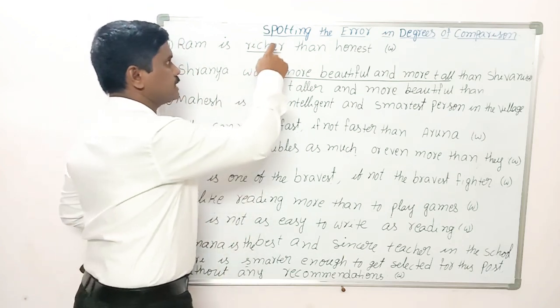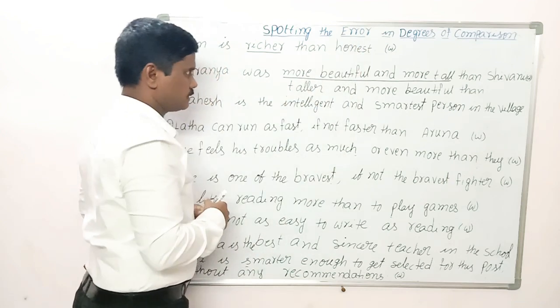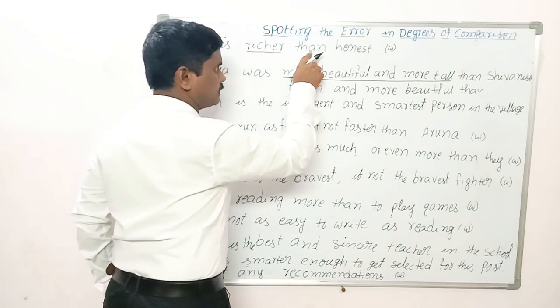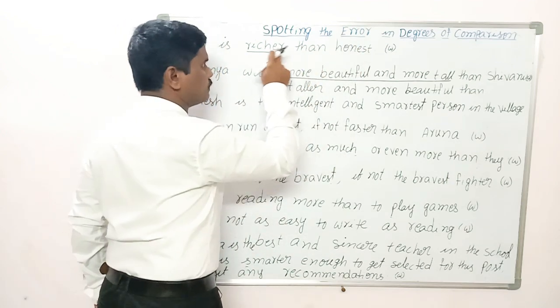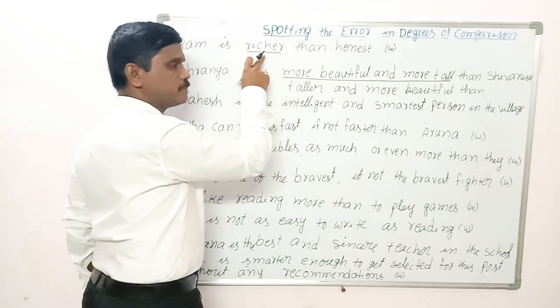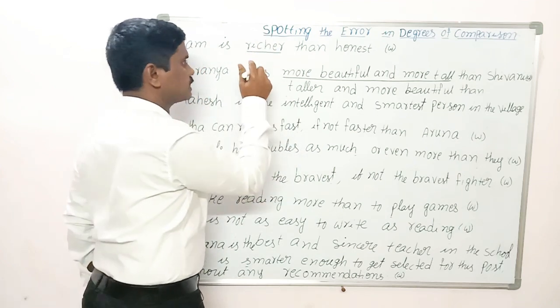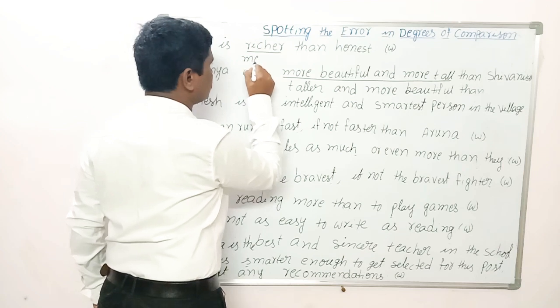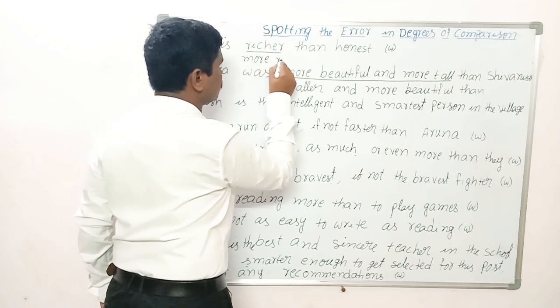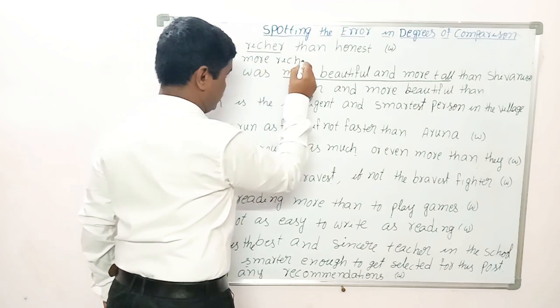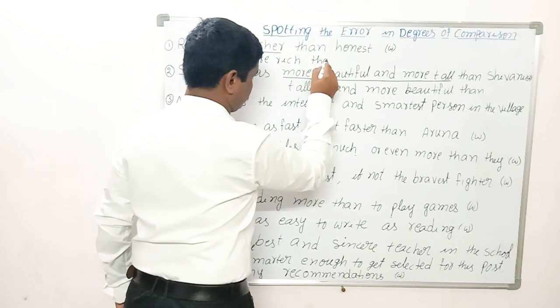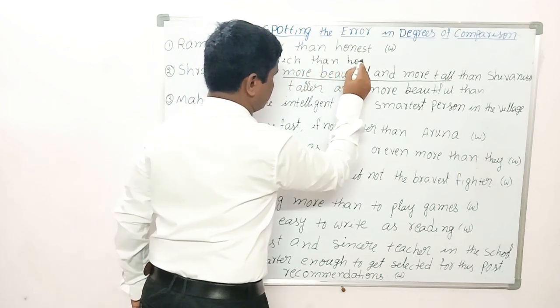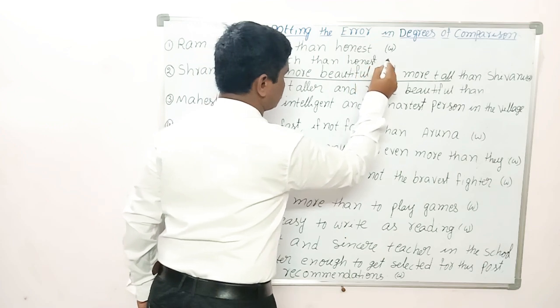When there is a comparison between 2 qualities, than indicates comparative. Before than we use an adjective too, and it seems to be correct. But the correct answer is we always use more plus the adjective's base form: more rich than honest.